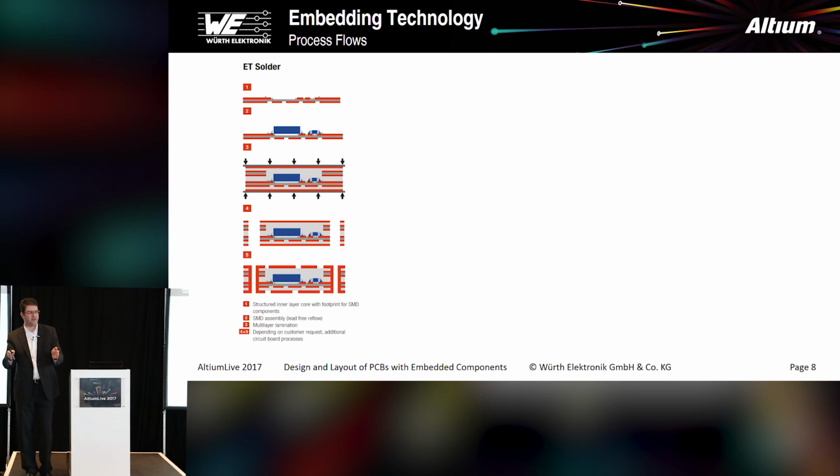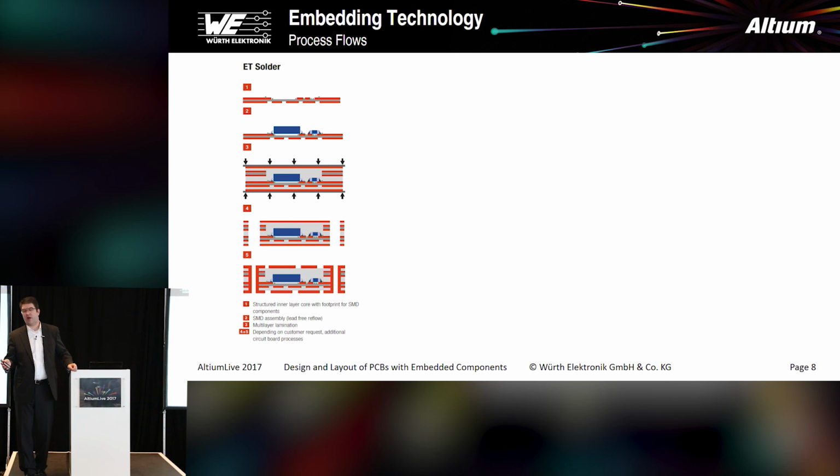These cut-out prepregs still have a free amount of resin, as we call it. The resin starts to flow at a specific temperature and pressure, and surrounds those components completely. After the lamination, the board looks like any other printed circuit board. From the outside, you do not see any difference.